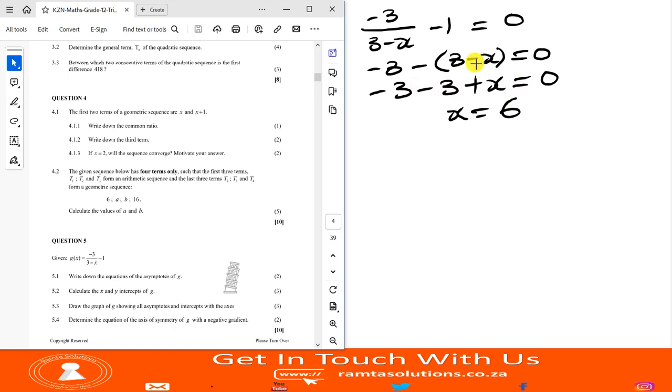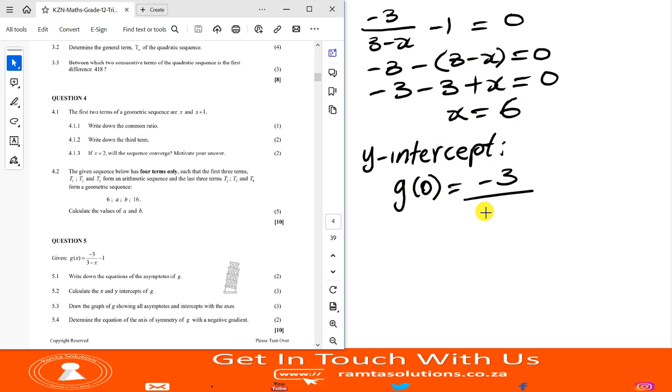Now let's get to our y-intercept. For a y-intercept, this means where there's x, you put 0. So we are looking for g of 0. This becomes negative 3 over 3 minus 0, minus 1.